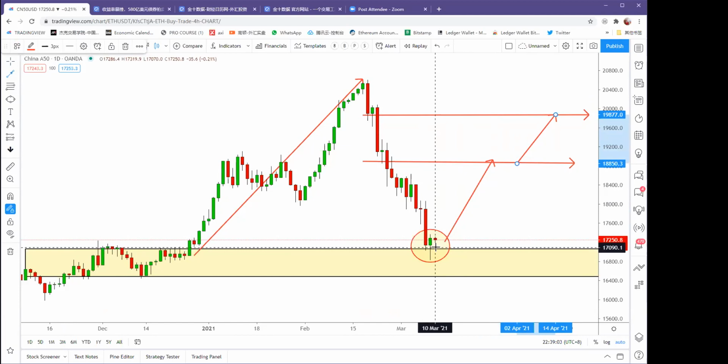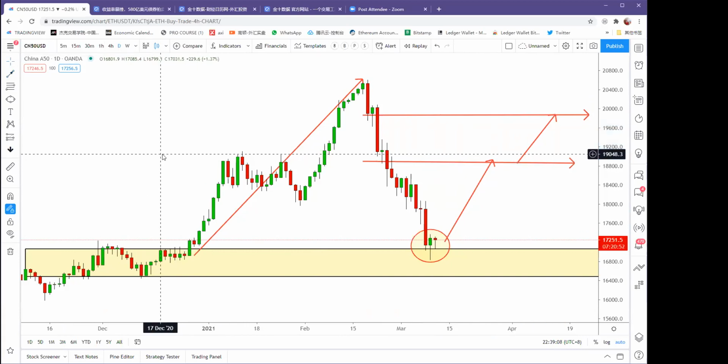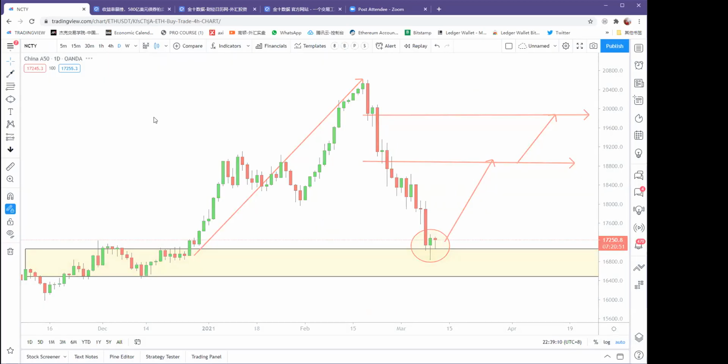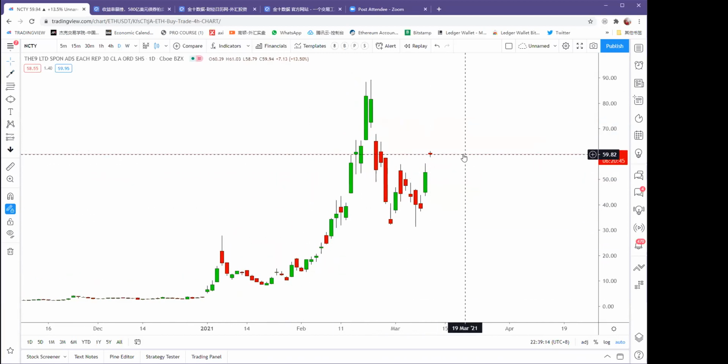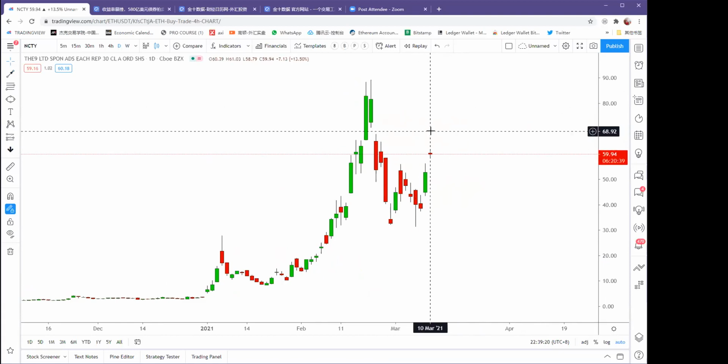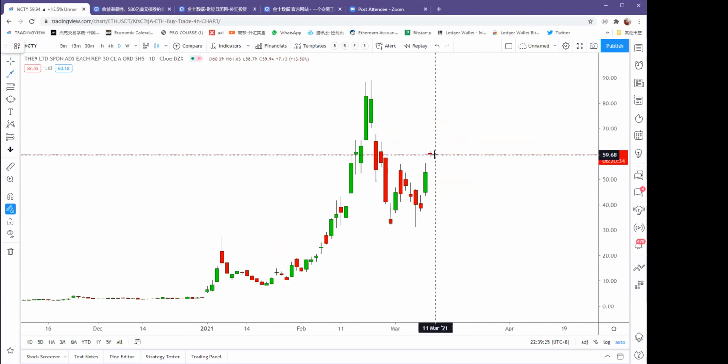Bitcoin stocks, NCTY. Where is the target price? Sure, NCTY. From the chart, of course, this is a good break up.